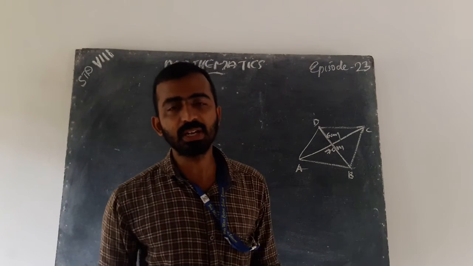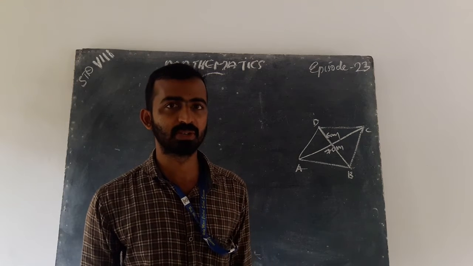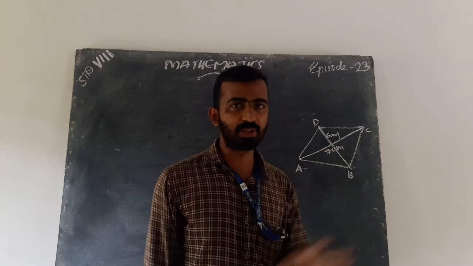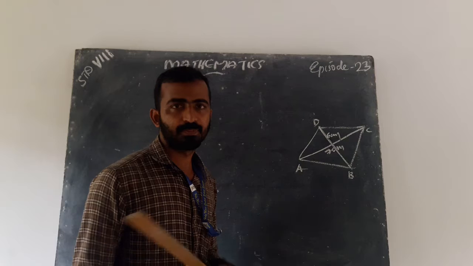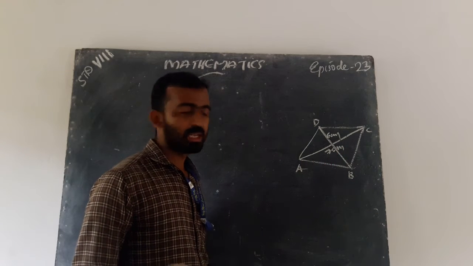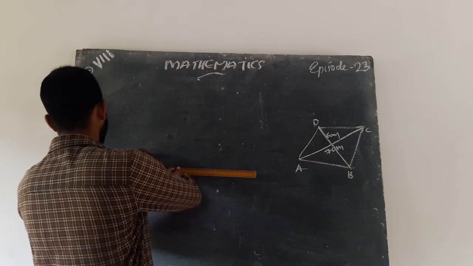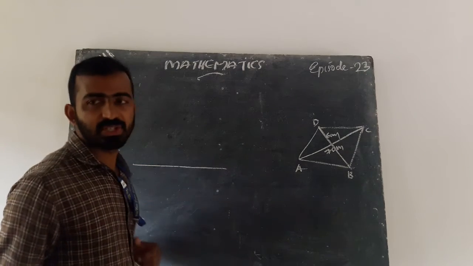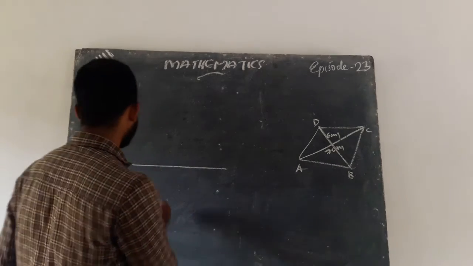In the previous square section, we didn't draw the rough figure. We forgot. So don't forget, first we draw the rough figure. We have only two measures, the two diagonals. First we draw the 7 centimeter line, and this is our AC.